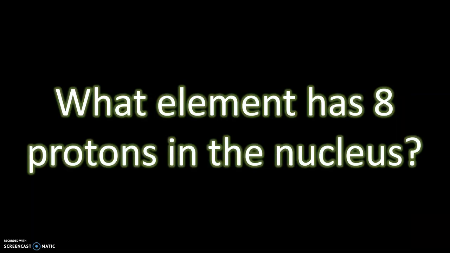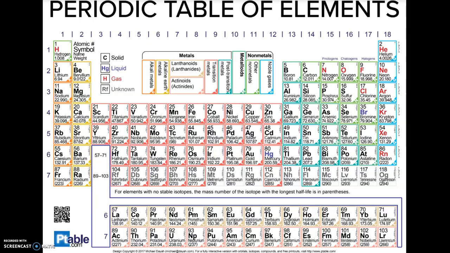The next question here is, what element has 8 protons in the nucleus? See if you can figure this one out. Remember, the atomic number is the same thing as the number of protons in the nucleus. So we should be looking for an element with the atomic number 8. If we come down here, the element with the atomic number 8 is oxygen.